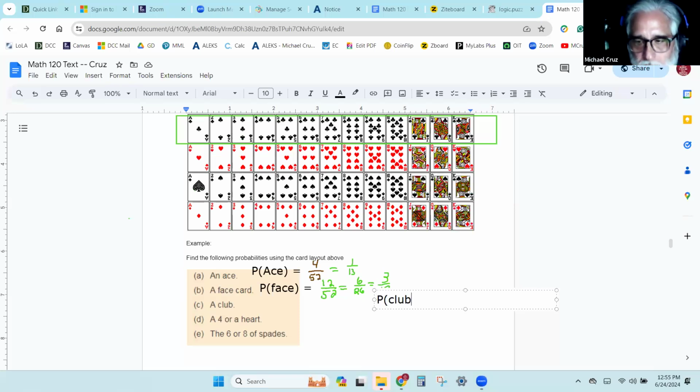Probability of a club is equal to 13 over 52, which is equal to 1/4. 1/4 of the deck is clubs. All right.